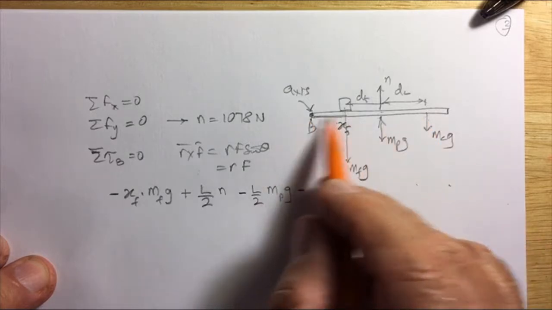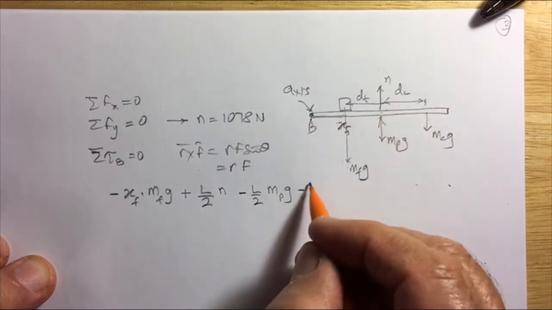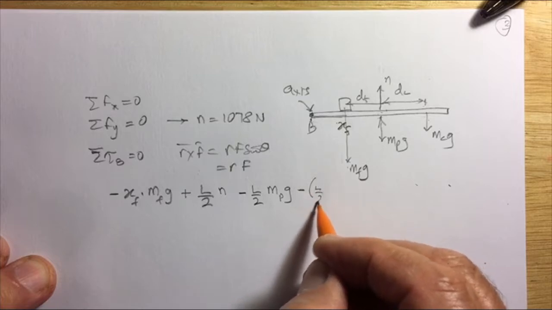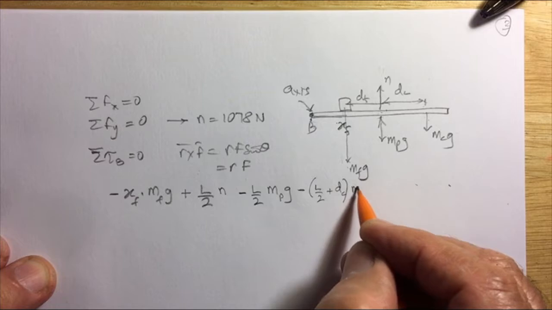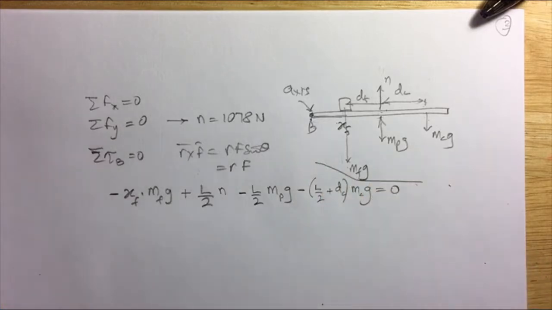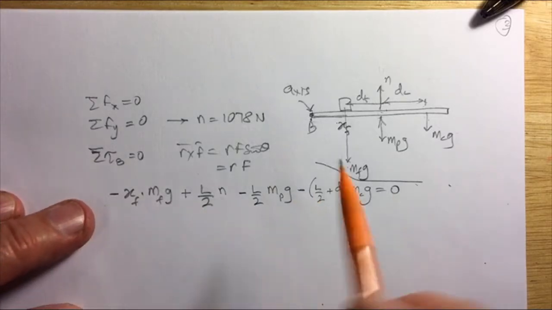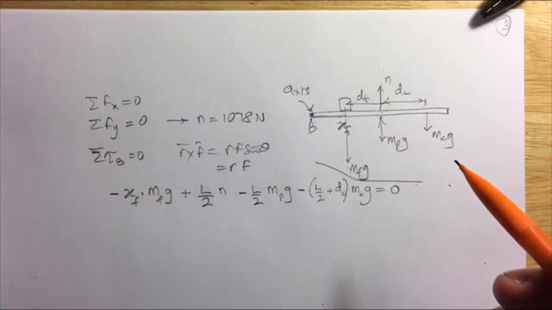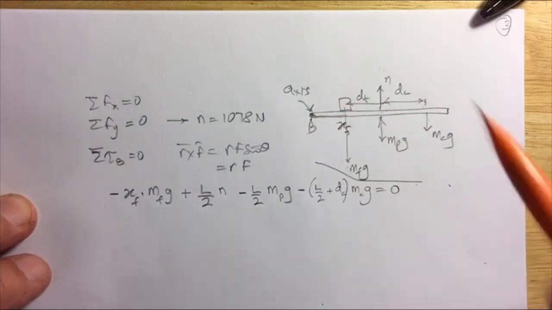And this distance is going to be 3 plus 1.25. It's going to be L by 2 plus d child m child g equals 0. Okay, so it's important to have the correct signs. Everything that's clockwise will be negative, and all distances are from that axis.